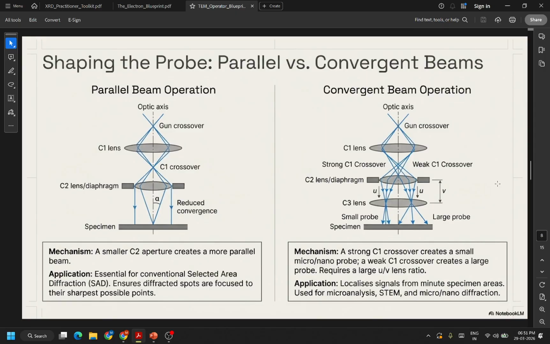It is used for localized signal from minute specimen areas. So it is used for microanalysis, STEM, and micro and nano diffraction. If you want to see very minute areas, in nanometers or less, there you would use convergent beams.